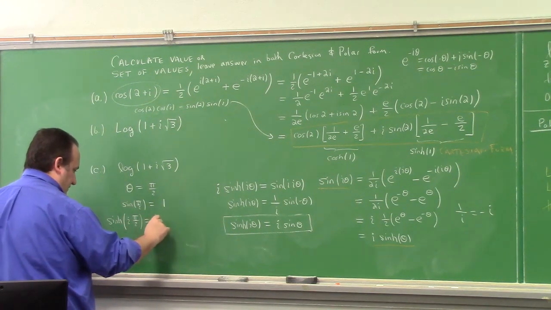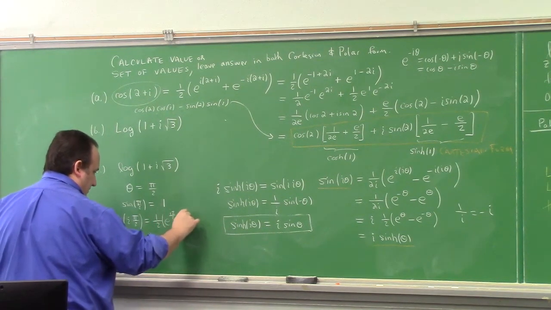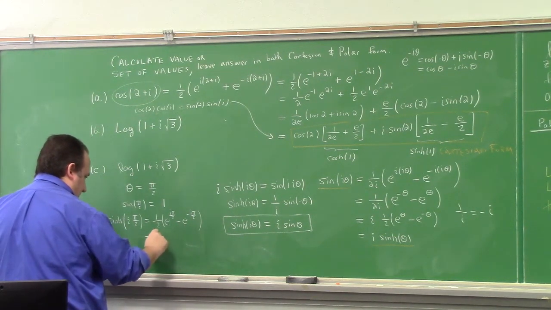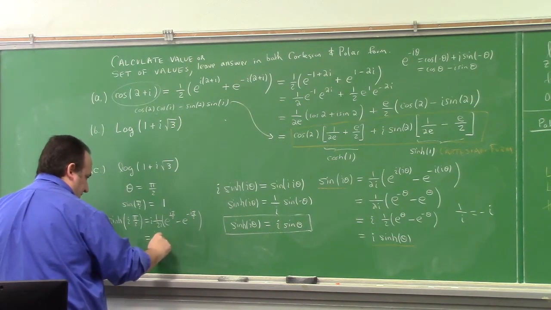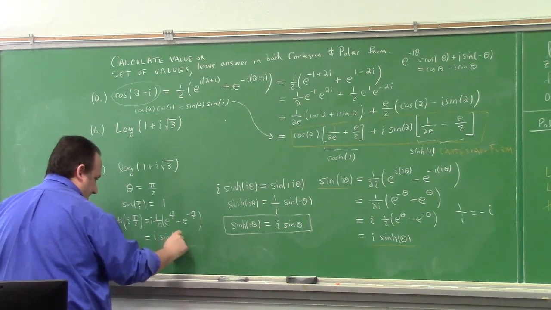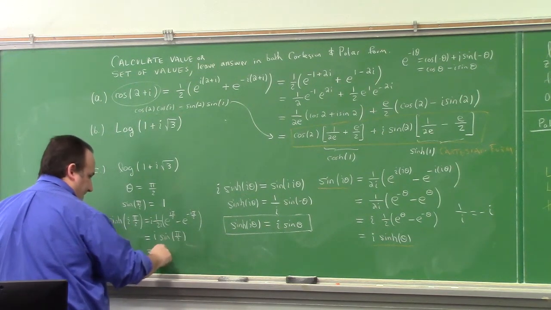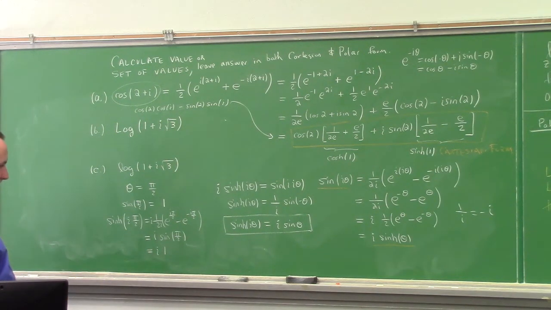So this is 1/2 e to the I pi over 2 minus e to the minus I pi over 2, which is, so we can multiply by I and divide by I, and that's I times the sine of pi over 2, which is I times 1. Sine of pi over 2 is 1. Okay, yeah, it works.